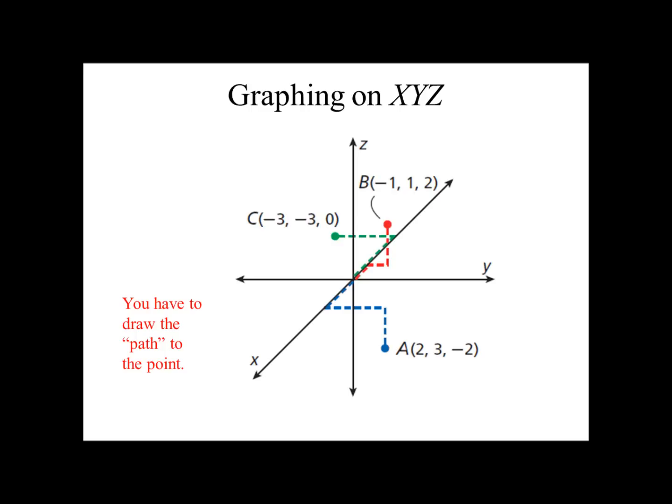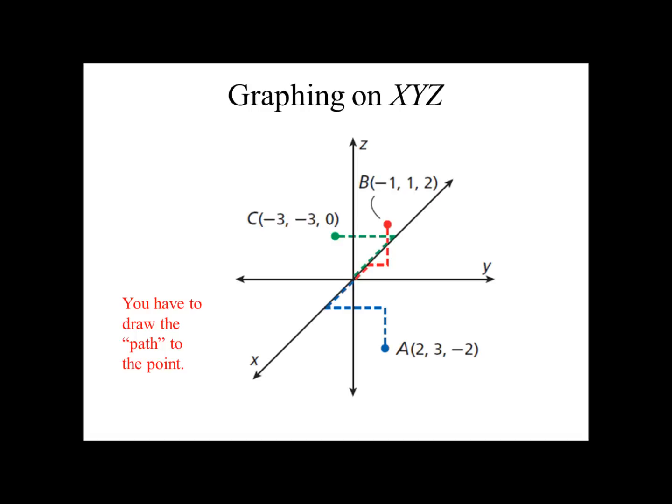The point B is -1, 1, 2. So starting from the origin and following the red path, we move backwards or into the paper -1. Then we move right 1. And then we end by moving up 2. And that's the point B, -1, 1, 2.